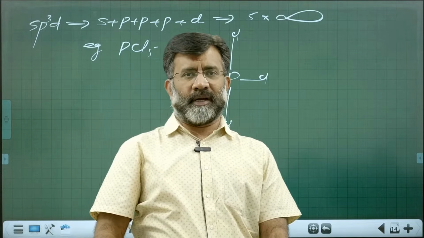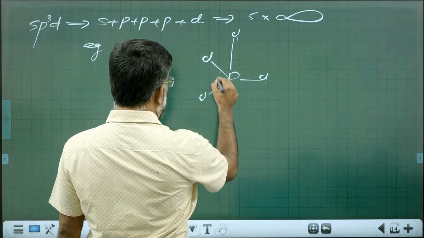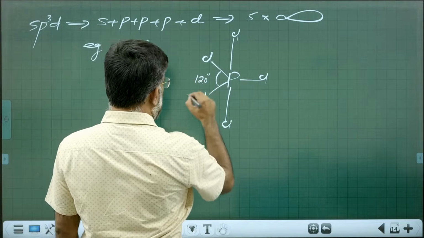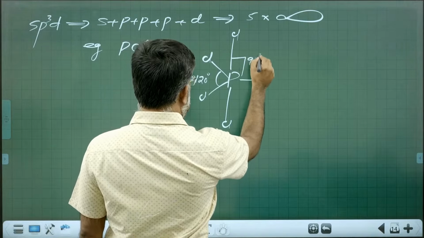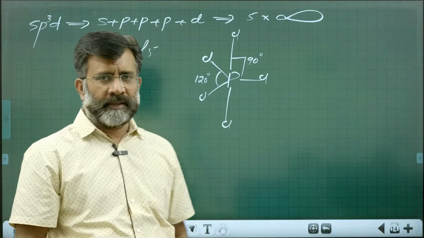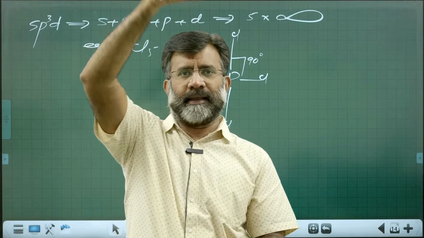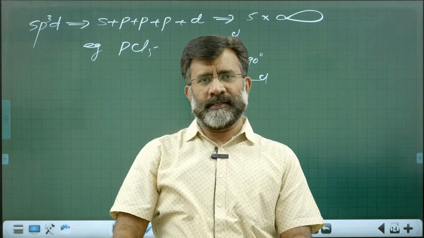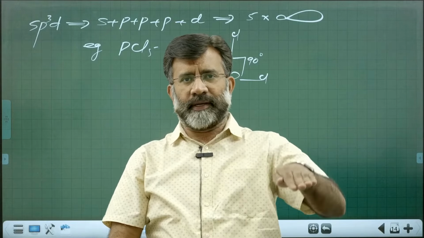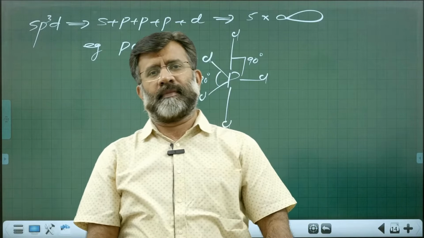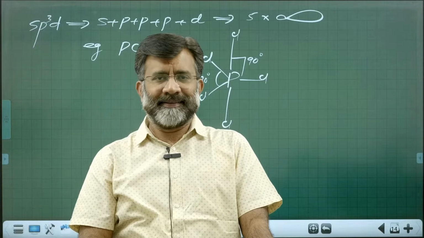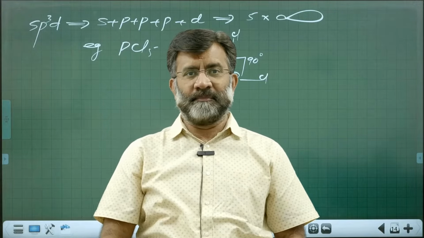Trigonal bipyramidal geometry maintains 120 degrees across the planar system and 90 degrees across the axial system. There are two 90 degree axial bonds, right? And three 120 degree bonds in the plane. So how many 90 degree angles per molecule?